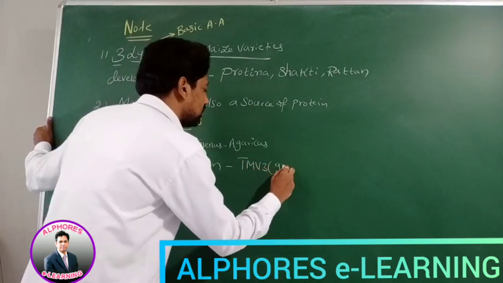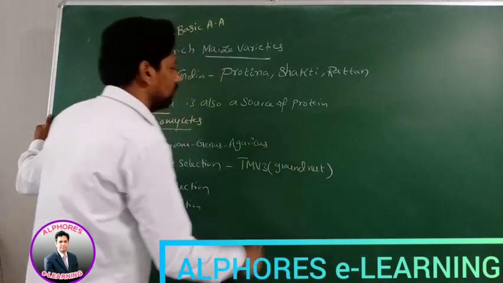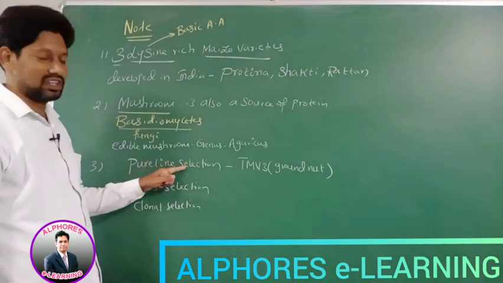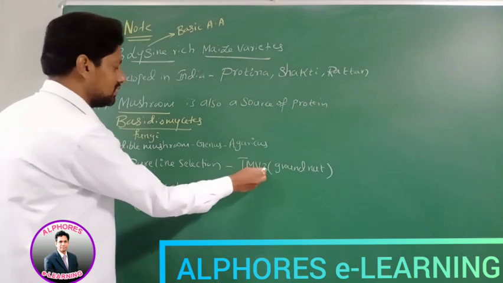It is a variety of groundnut, Arachis hypogaea. Therefore, by pure line selection, a groundnut variety is developed by name TMV3.